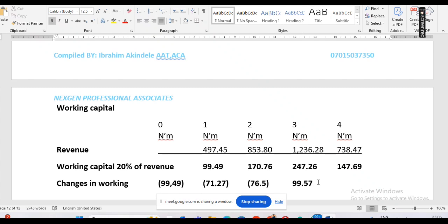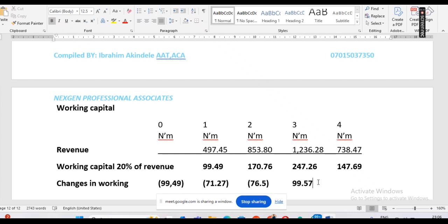So that is why you don't need to put it in brackets. Why? Because the money you spend reduces, and when it reduces, it will increase your cash flow. So when you have an increase, it will reduce your cash flow, but when you have a decrease, it will increase your cash flow.